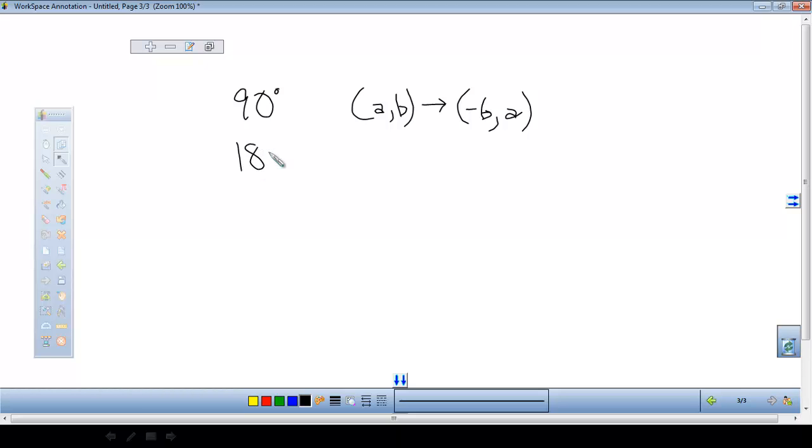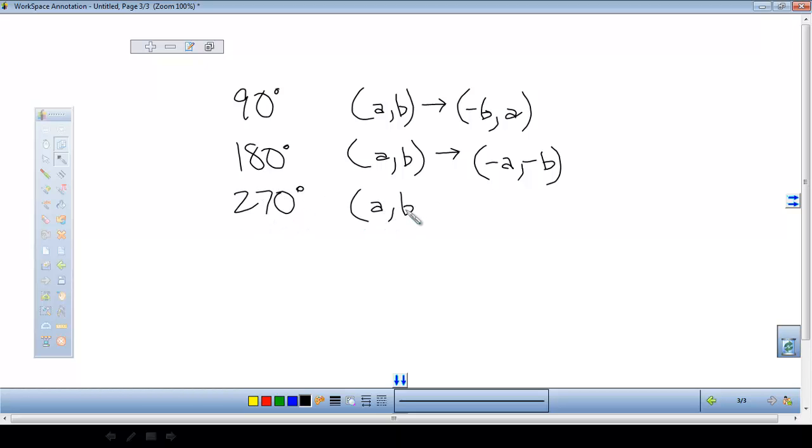For 180 degrees, and you want to write these down, (a, b) becomes (negative a, negative b). We switch it back to what it was, and since in the third quadrant everything's negative, x and y are both negative. For 270, (a, b) becomes (b, negative a).